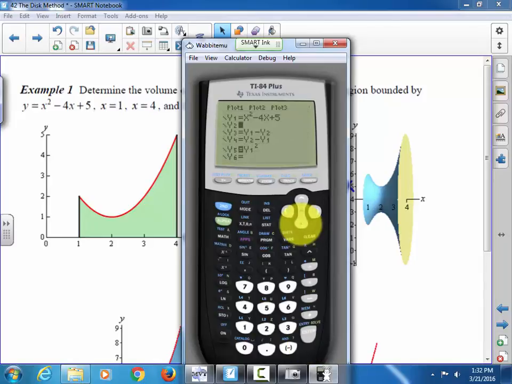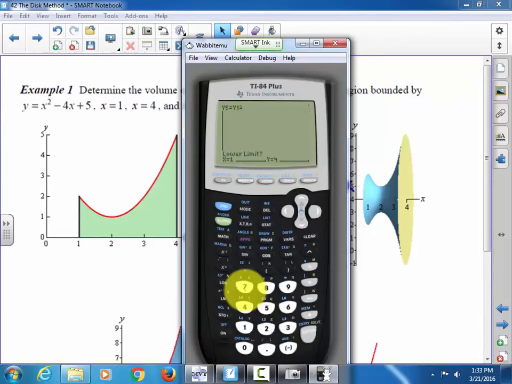I'm only going to graph the y1 squared, and I know that my graph is not going to look like what I've got over there, okay? The lower limit's 1, upper limit's 4, and that's because my window's not right.